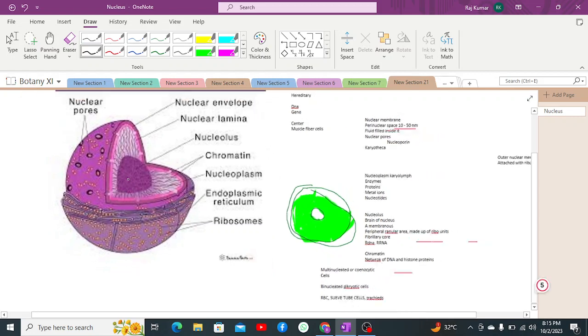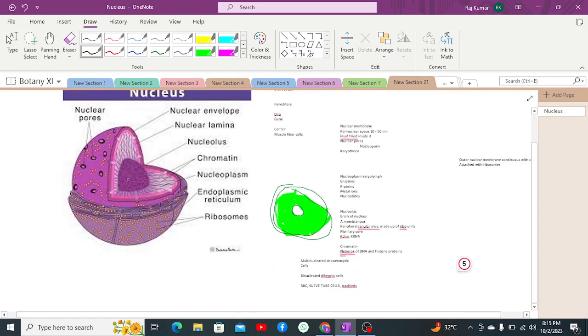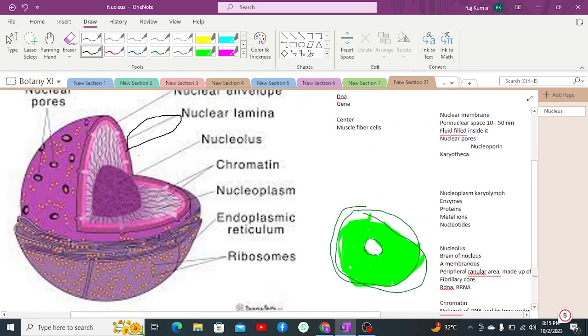The number of nucleoli depends on the individual needs of the cell. Apart from which, the nuclear envelope is there, nuclear pores are here, and this is the chromatin network.